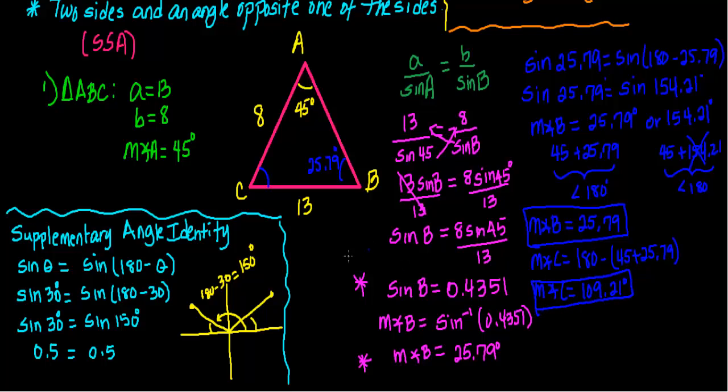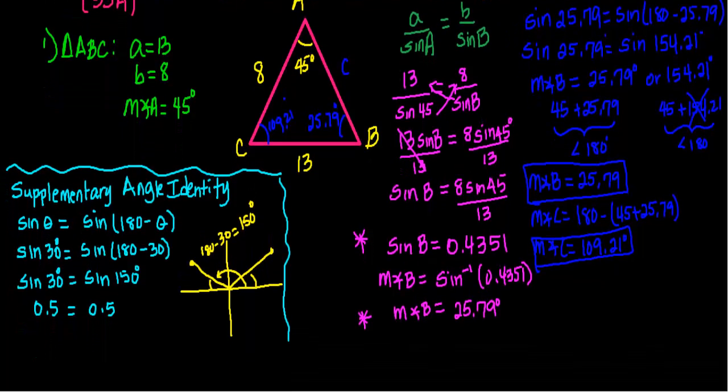Now what's left in this triangle to solve? This is 109.21, I still have to find side C. So to find side C, you just simply say C over sine of C equals, and let's use A over sine of A. I always like to use the original values just to make it more precise.